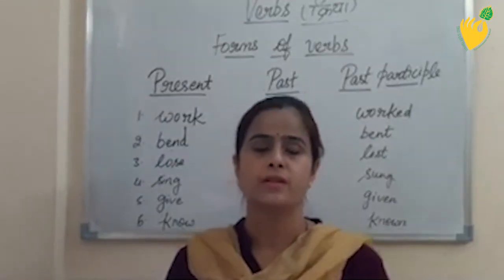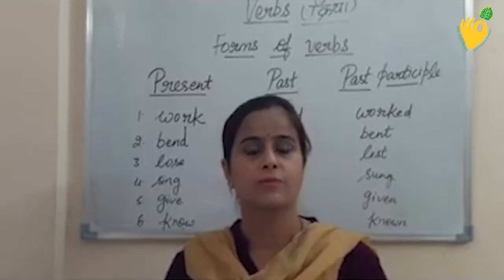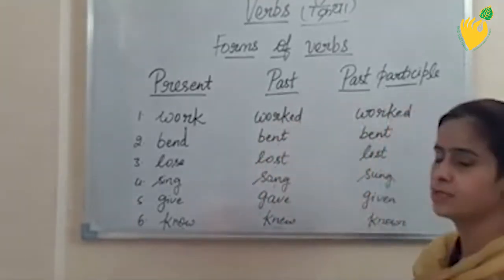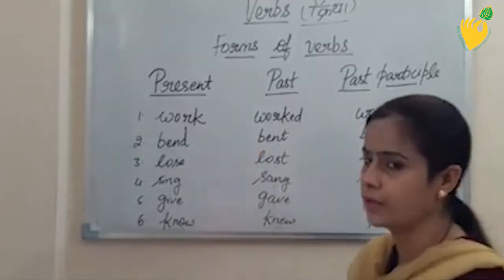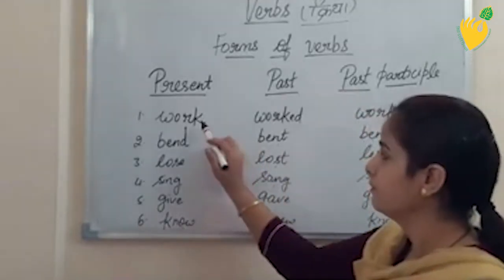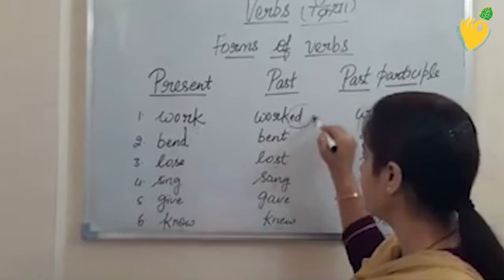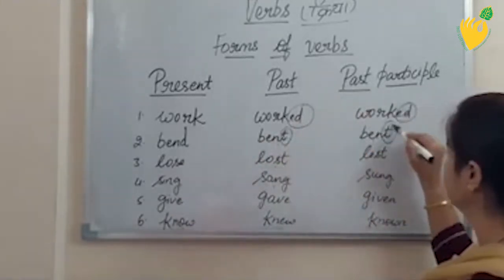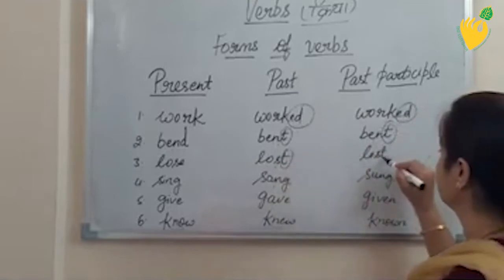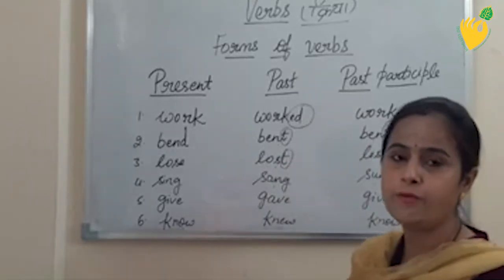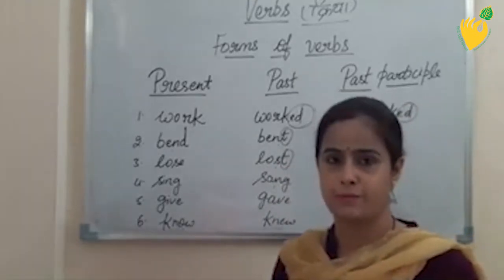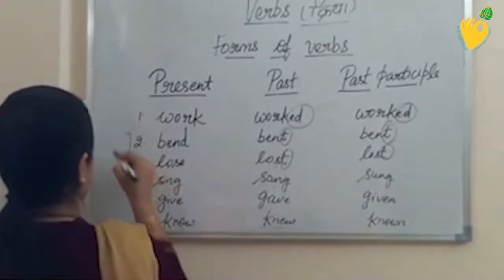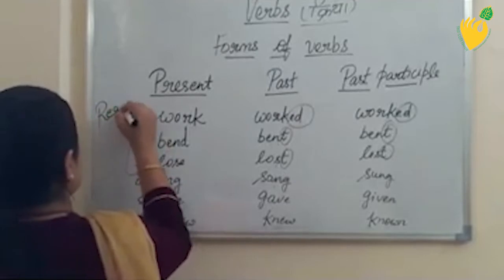Students, what is the main difference that you can observe in past and past participle form of these verbs? The verbs which are having ed or t at the end of its past and past participle forms, these verbs are known as regular verbs.